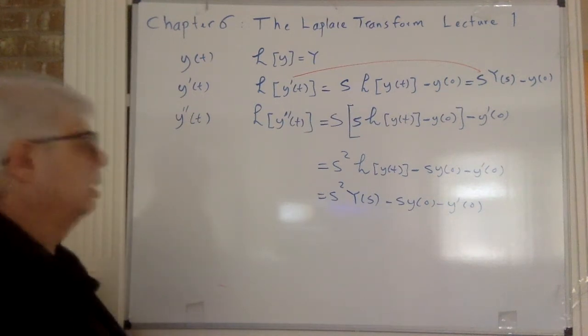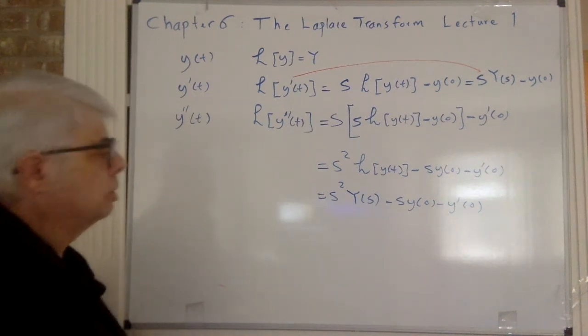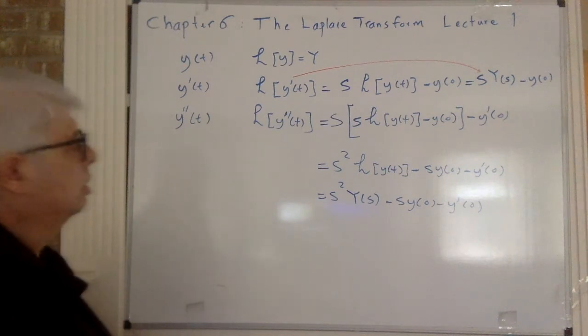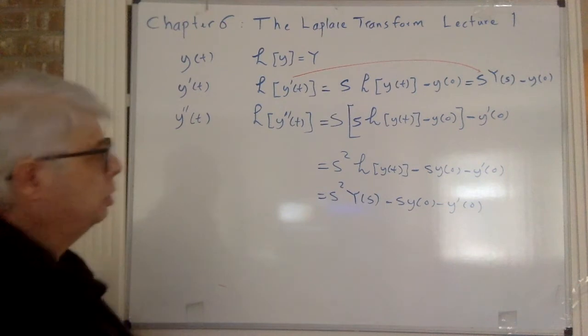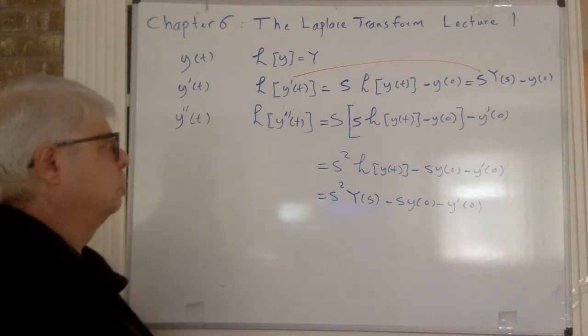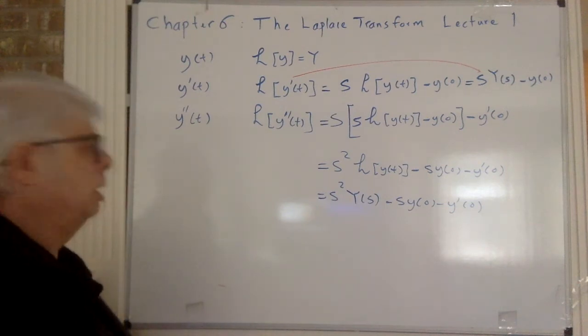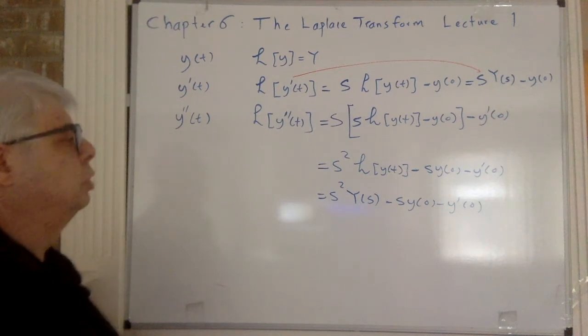Well, you might guess what happens to y^(n)(t) with n derivatives. We usually don't have more than 2, but I can write the general formula for you.